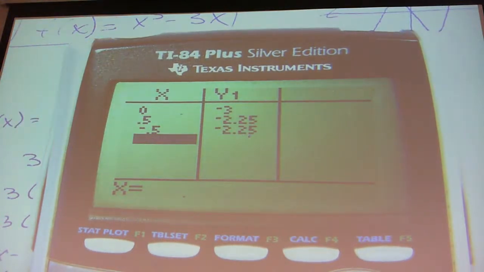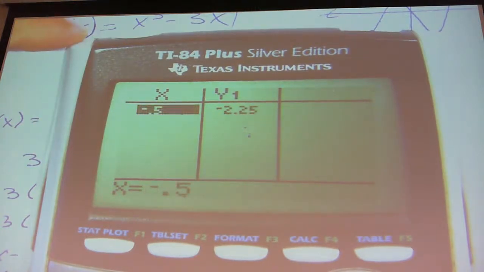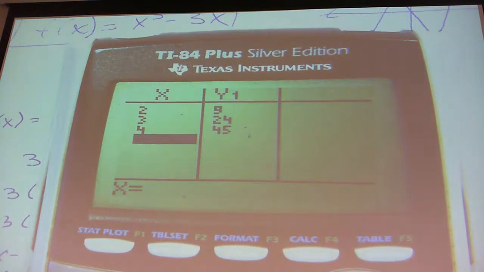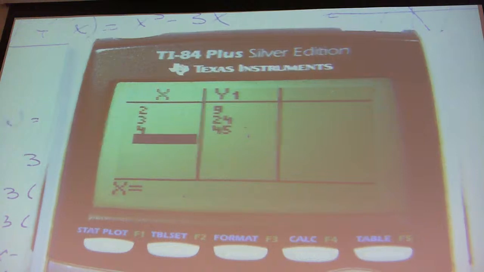That's telling me, if you plug into the derivative, that's where the graph is decreasing. Now, what's a number bigger than 1? 2, positive. 3, positive. 4, positive. Anything after 1, plug it into the derivative, it's where the graph is increasing.